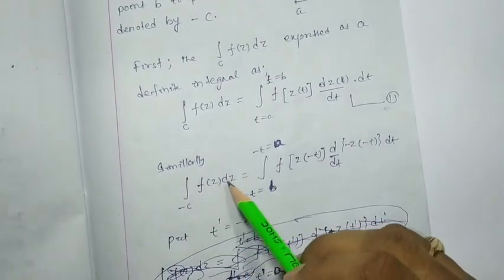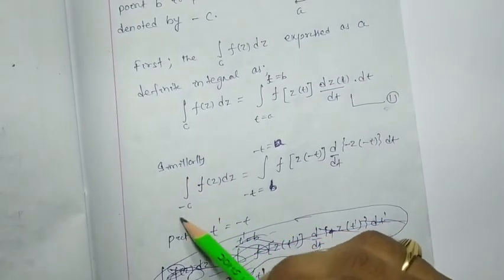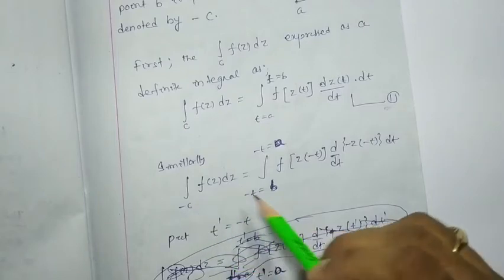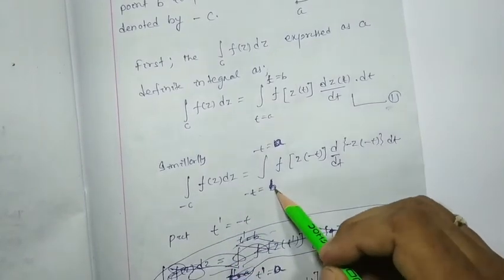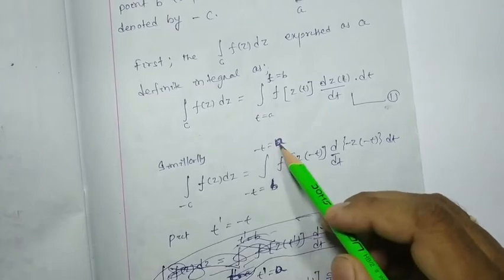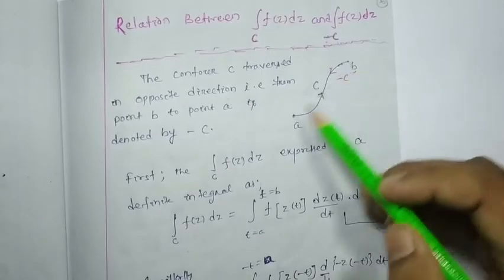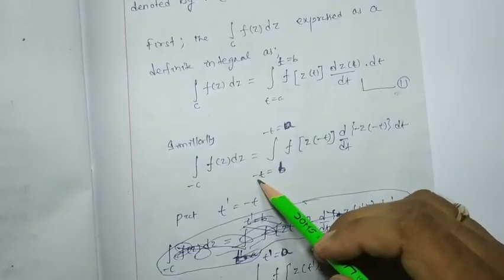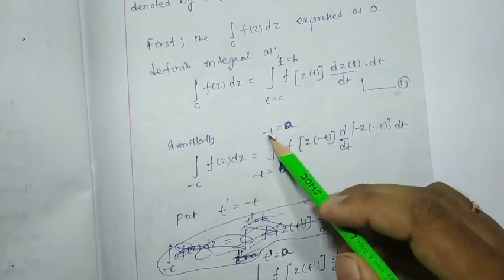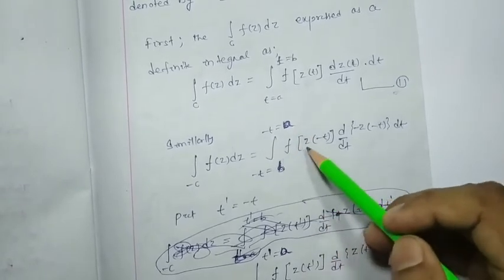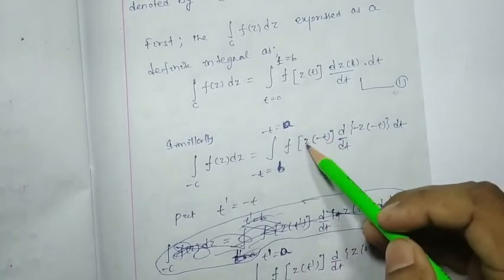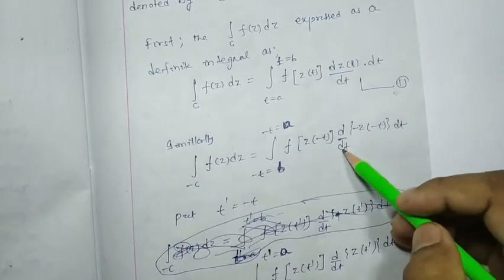Similarly, the contour integration of f(z) dz over minus C can be represented as the integral from t equal to minus b to t equal to minus a, that means b to a, of f of z(minus t), d by dt of z(minus t) dt.